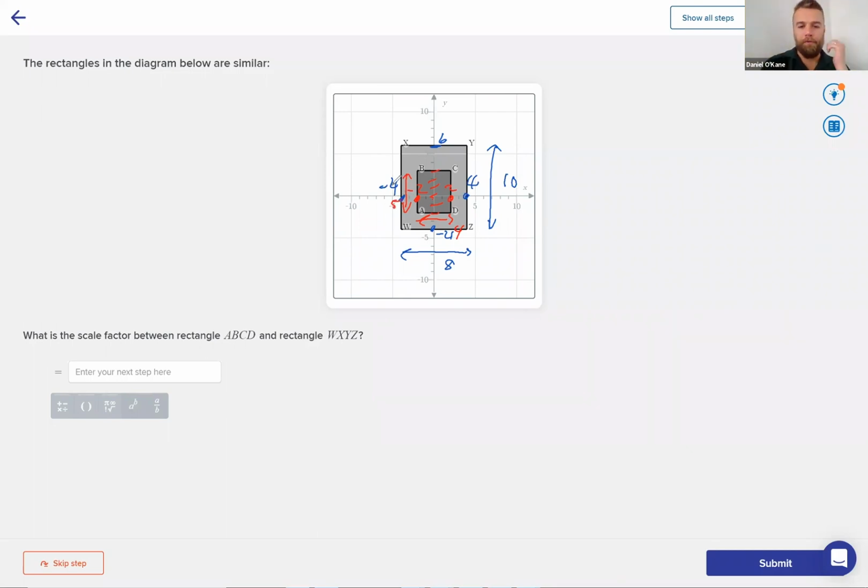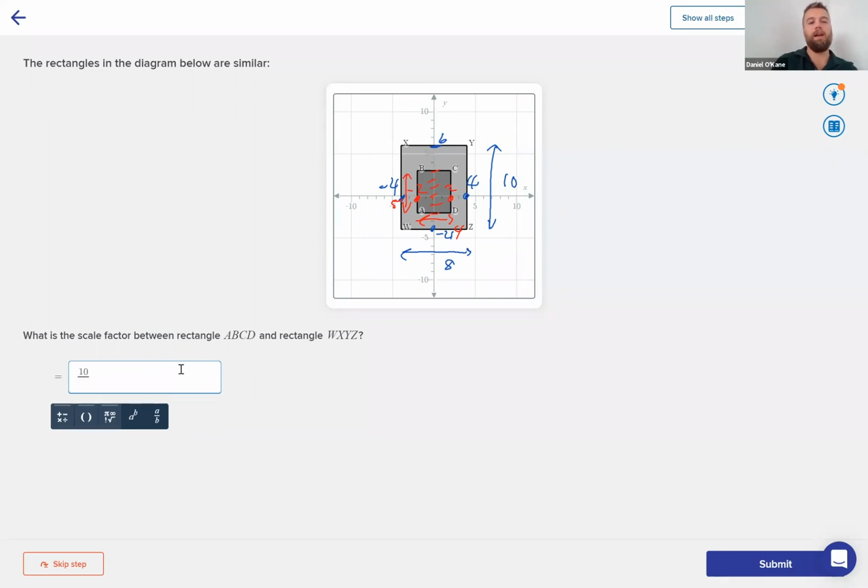So a 4 by 5 rectangle that's similar to an 8 by 10 rectangle, it's easy to see that both those dimensions in the red, the 4 by 5, have to be multiplied each by 2 to create the 8 by 10. So what's that scale factor between the two rectangles? It is 2. Or you can work this out by taking the height of the larger rectangle, 10, and dividing by the height of the smaller rectangle, 5.